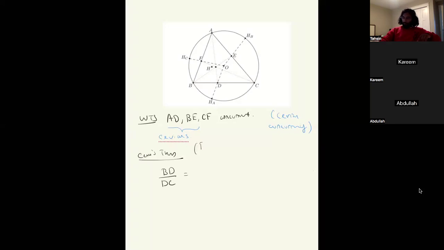For the theorem you need BD over DC times CE over EA times AF over FB, but we can just calculate one and we'll be done.